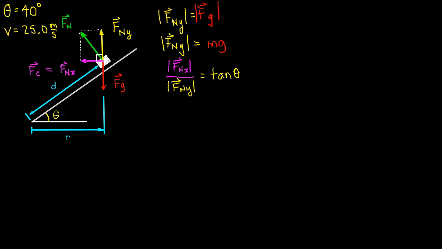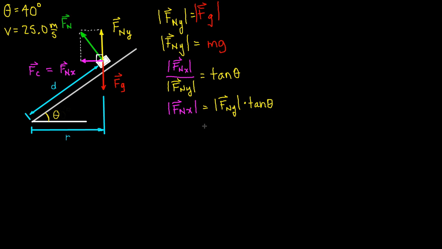And so now we very quickly have this relationship. The magnitude of Fnx is just simply the magnitude of Fny times tan theta.